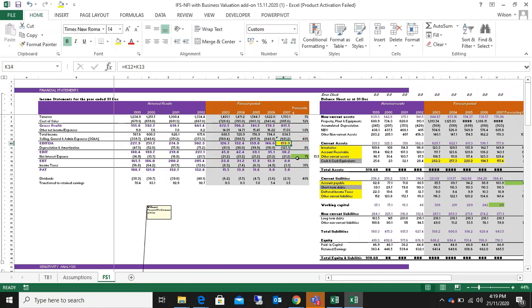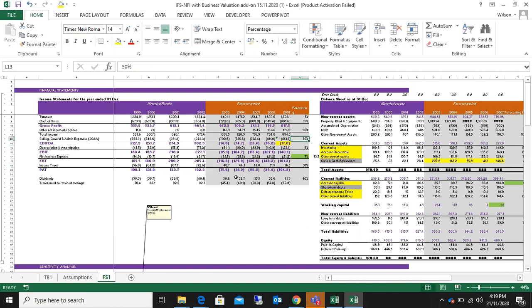You can see for the forecast period we are still making a profit, because everything here is positive. Let me play with something more. Let's say it's 50% here.